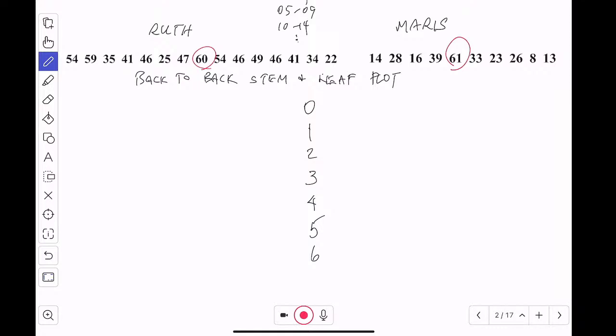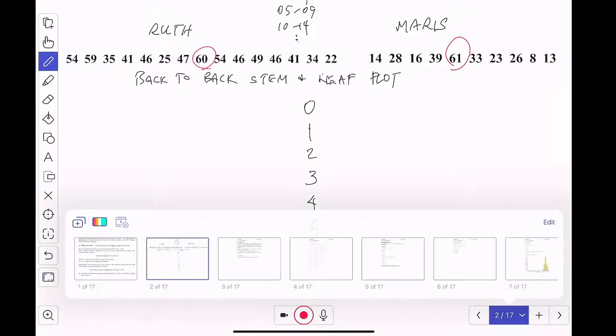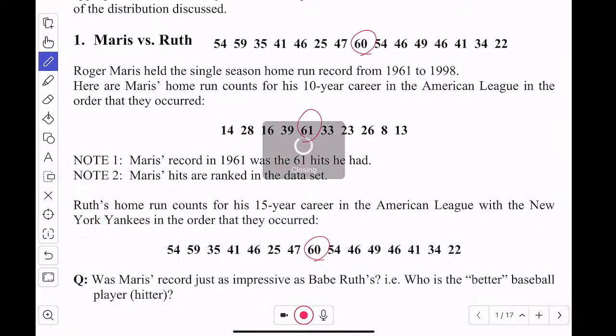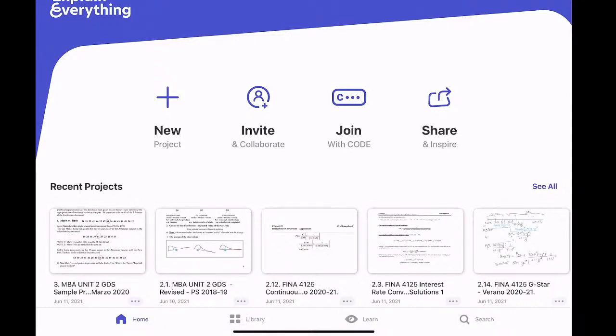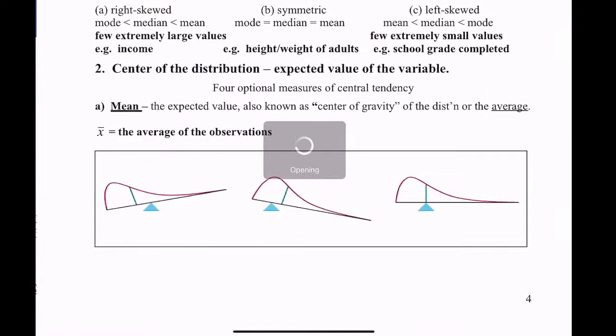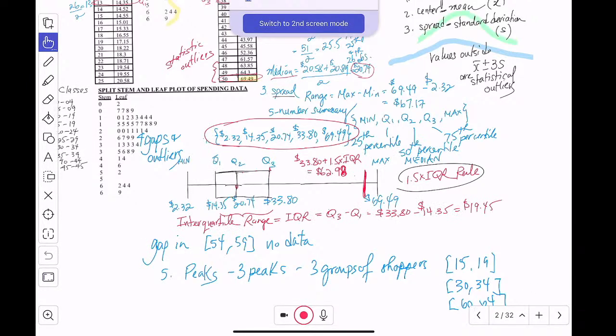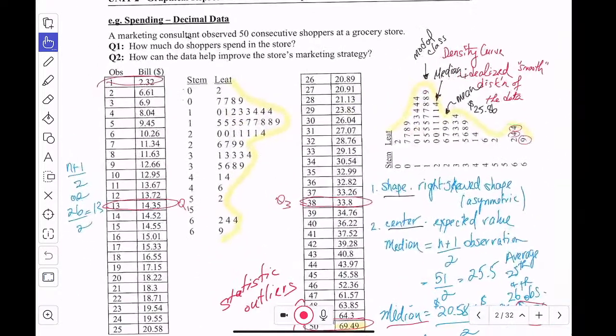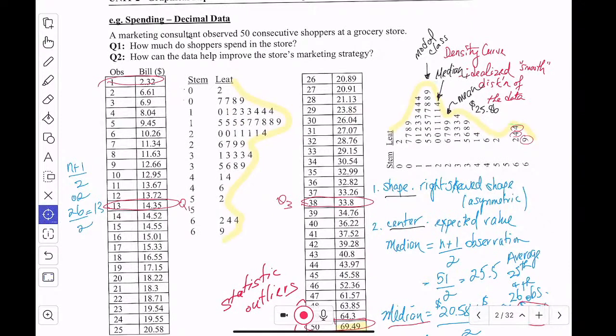Now in the stem and leaf for the spending data, we went by 5s, like I said. I have a discussion in the notes about why I go by 5, why didn't I go by 10?